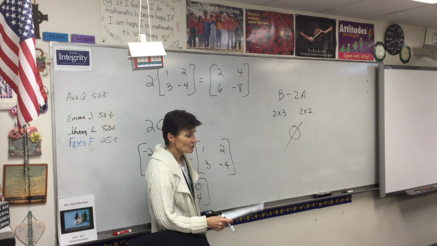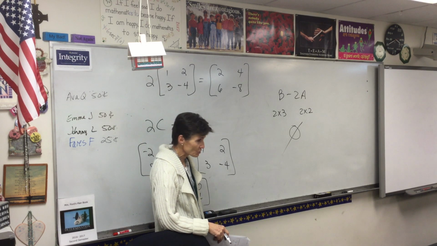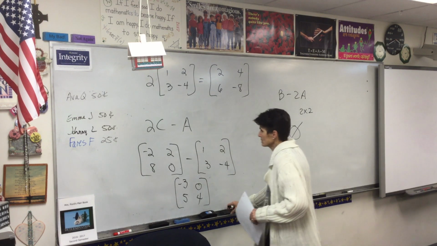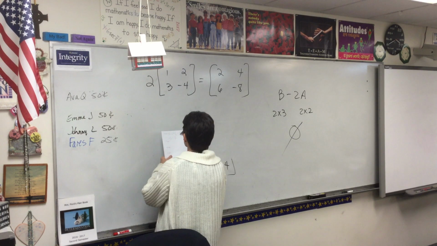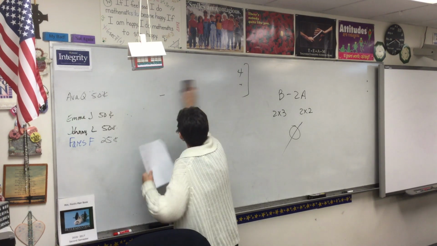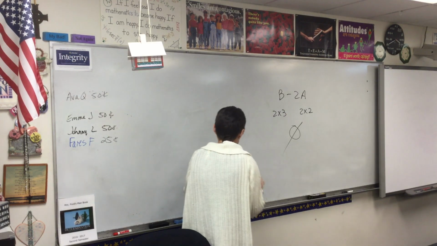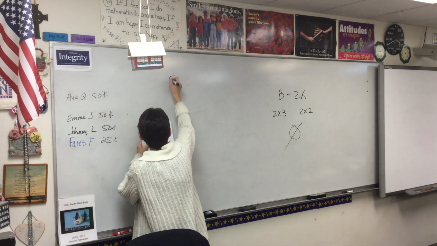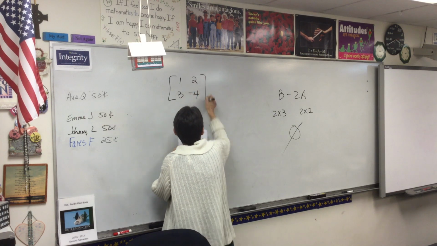Because the next page is multiplication and the rules are different for multiplication. So let's see how this works. Are we still using the same ones from before? Oh yeah, I guess we are. Okay, so here we go. Matrix A is 1, 2, 3, negative 4.